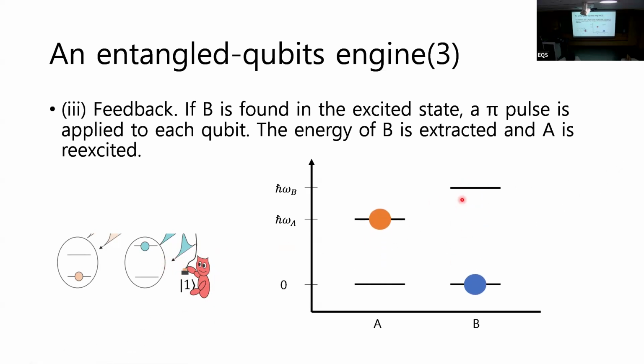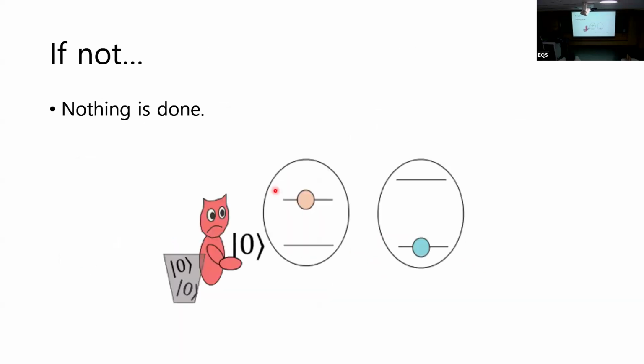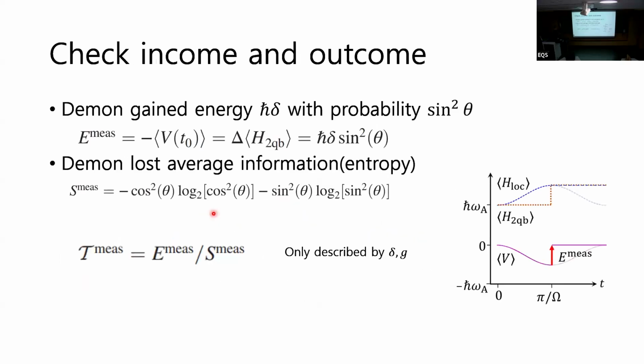In this process, the energy of B is extracted and A is re-excited, and we gain this difference. If not, nothing is done. Look at the face of the demon. What a pity. Either way, the state returns to the 1-0 state, and the cycle restarts.